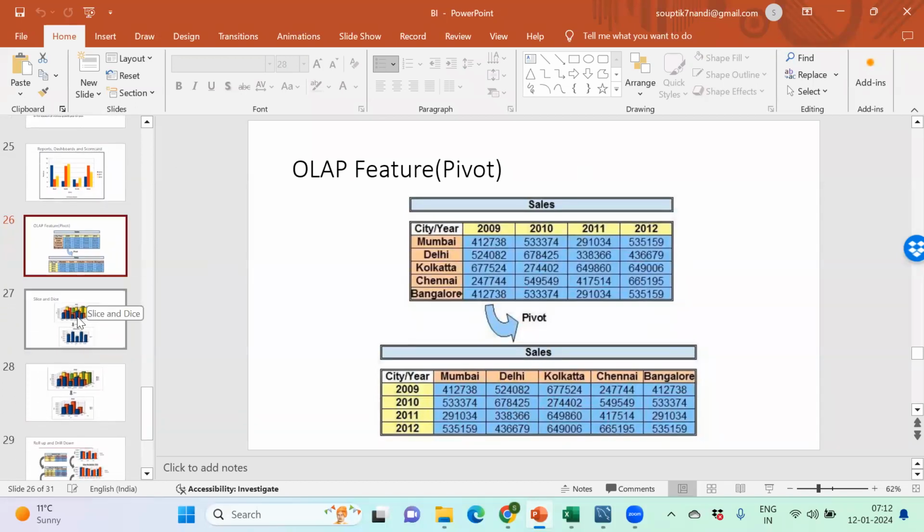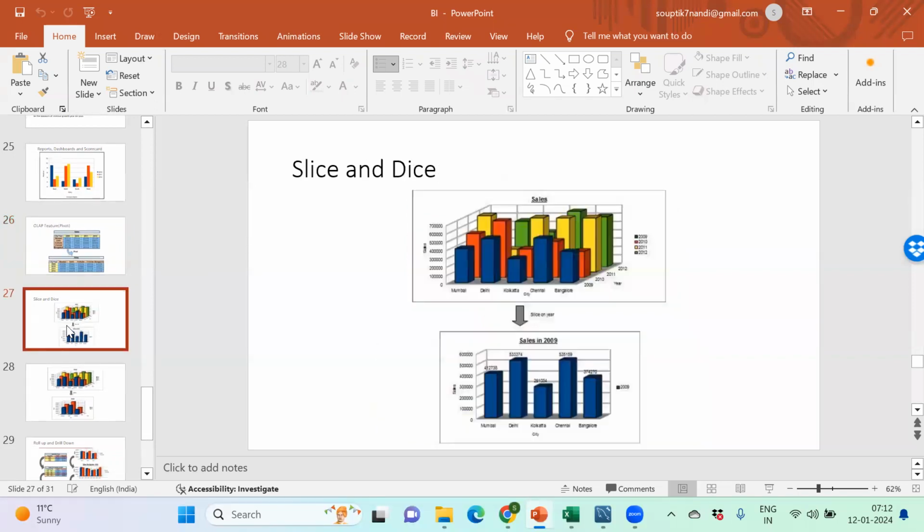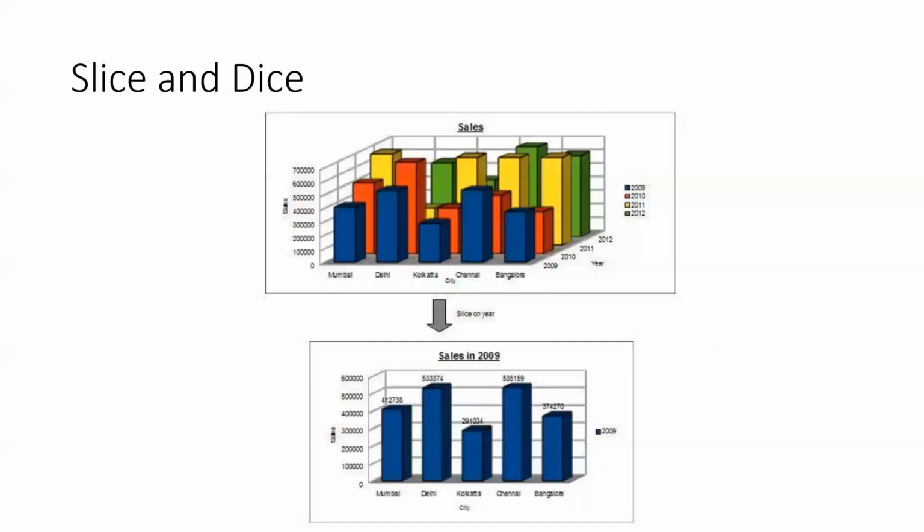There is some terminology called slice and dice. Data slicing, we already checked what data slicing is in SQL. Similarly, we can check it over here. So this is another bar chart. Two kinds of dimensions have been shown here, in X and Y, maybe this is the Z axis.